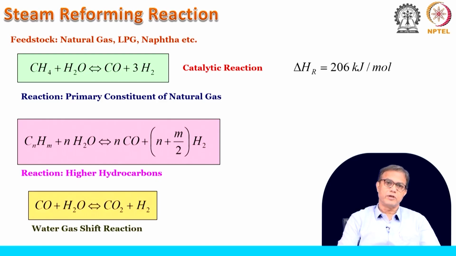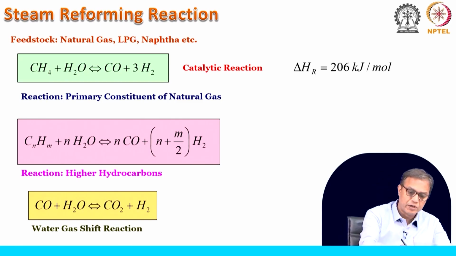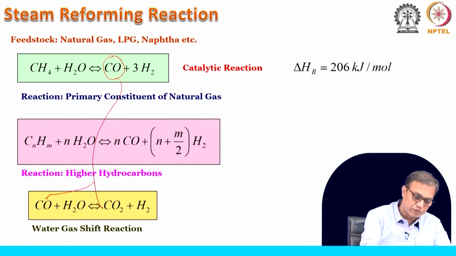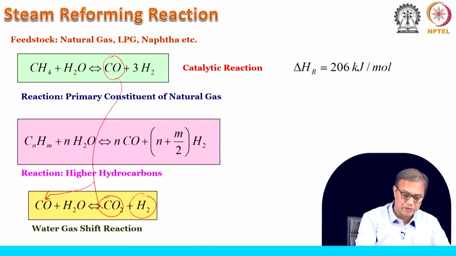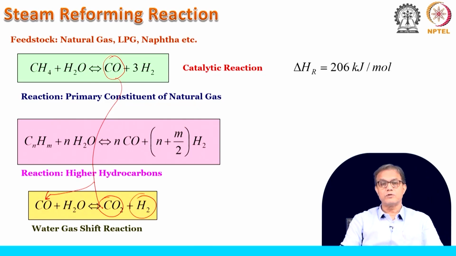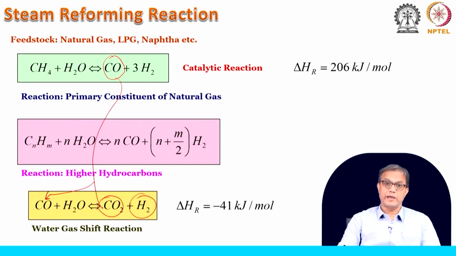Along with that, in the bed there is another reaction happening side by side. This CO will also react with the water to produce CO2 and H2. This will of course enhance the H2 concentration in the product, but there would be cogeneration of CO2, and this reaction is slightly exothermic.